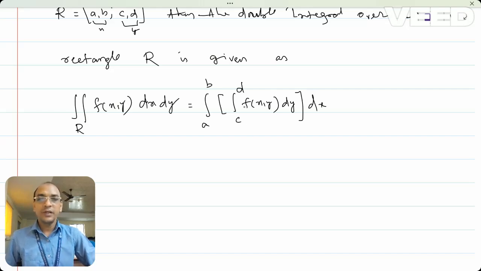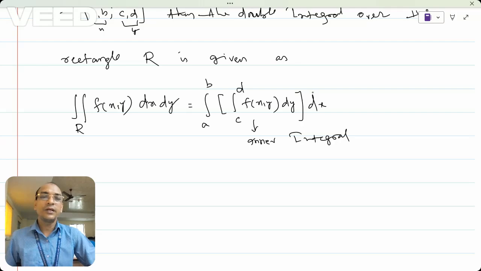Remember, in the double integral, what we evaluate first will be the inner integral, and the integral which we evaluate at the end is called the outer integral.